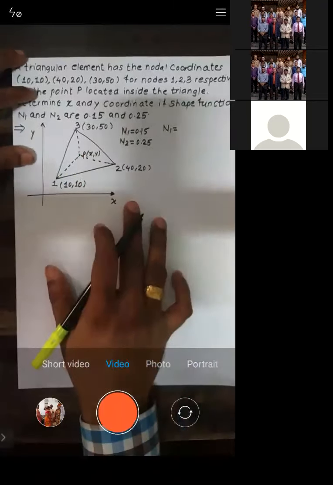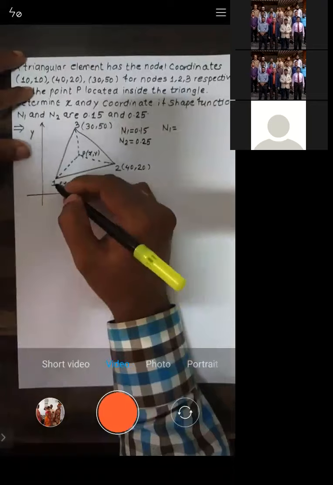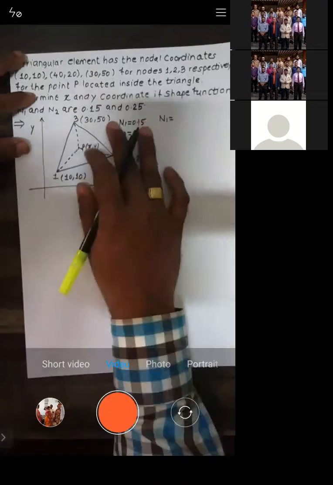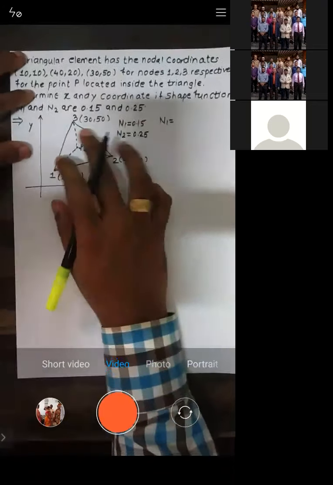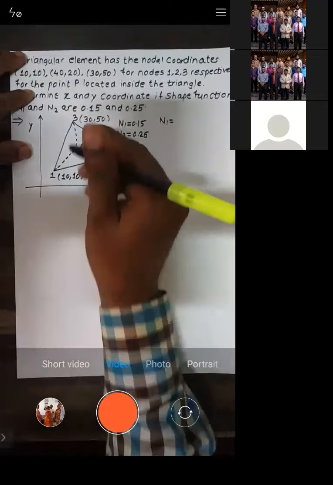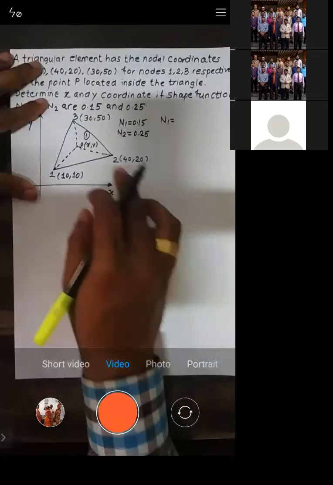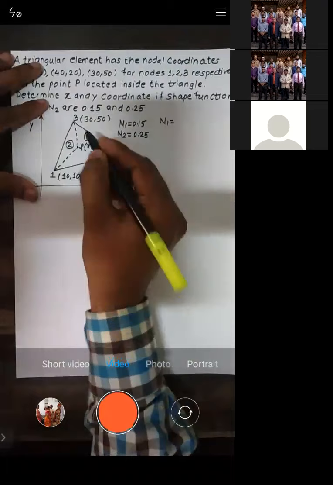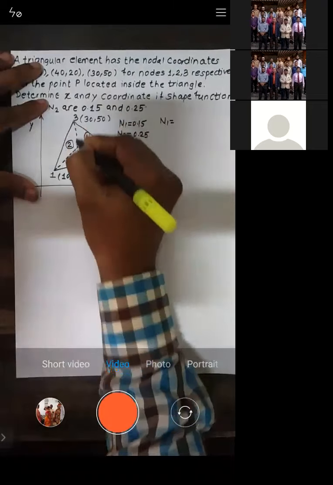The triangle in front of node 1 I will call triangle 1, the one in front of node 2 triangle 2, and the one in front of node 3 triangle 3.